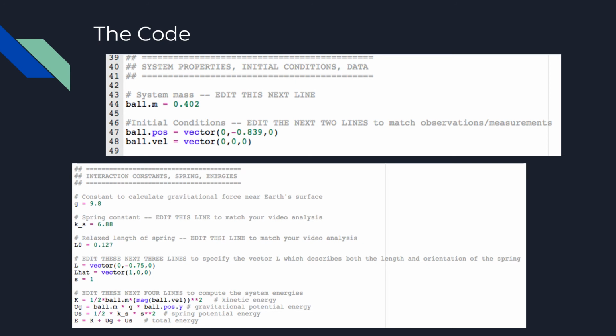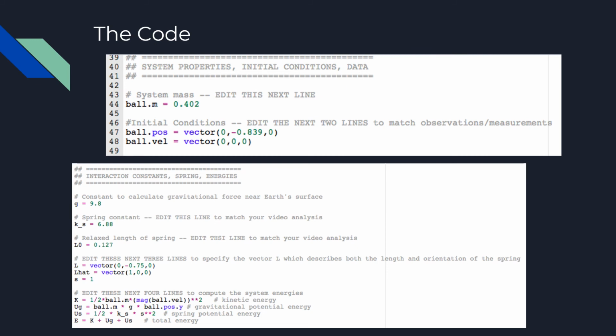And then this is just a look at the actual code inside of GlowScript that I had to write in order to predict what the model would look like. This first box here is just our initial conditions, where I put the mass in there and the initial position vectors, and the initial velocity was obviously 0, and then for the gravitational force I had to plug in 9.8, my spring constant, and my relaxed length.